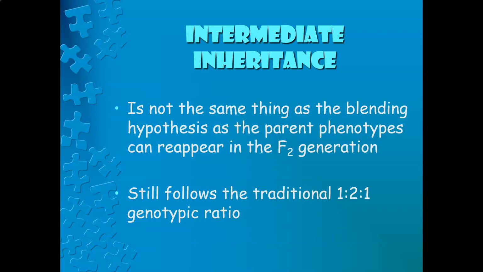The only difference here is when we talked about Mendel's traits, it was 1 to 2 to 1 genotypic, and then 3 to 1, 3 dominant to 1 recessive in your phenotypic ratio. When I look at intermediate inheritance, I still get that 1 to 2 to 1 genotypic, but now it is also my phenotypic ratio. So that's a big difference here.